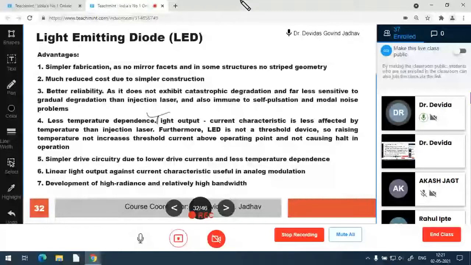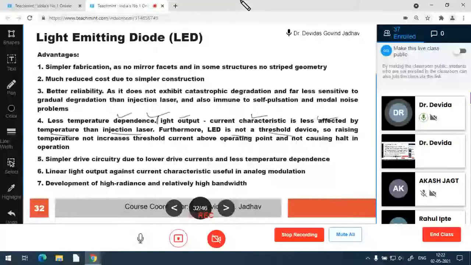LEDs operate at very low power, so there is less temperature dependence, and the light output and current characteristic are less affected by temperature. The current characteristic is very stable, not affected by external temperature either. Temperature dependency is less compared to the injection laser, whose temperature dependency is there.